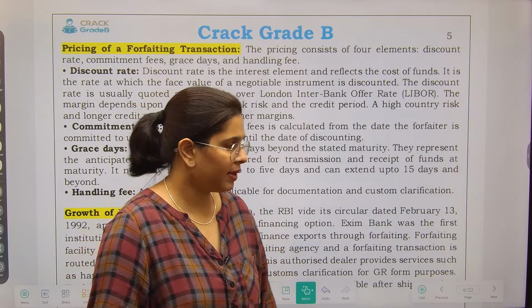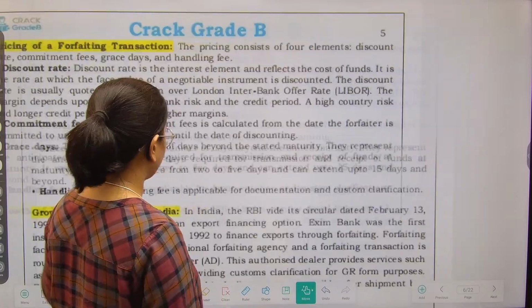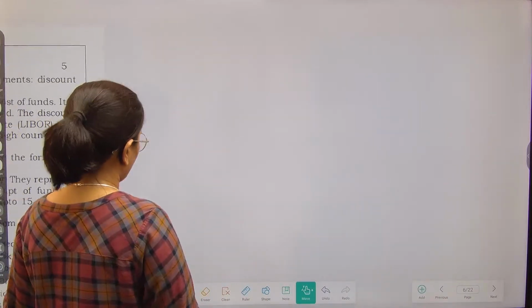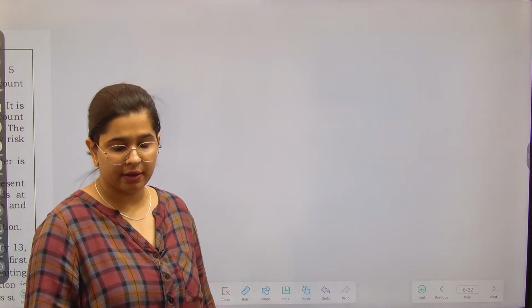Can you guys just tell me what is the full form of NABARD? So for the context, for those who are not aware, someone asked me that we are going to do a transition from LIBOR to other rates, right? We are going to transfer to other interest rates, not exchange rates, but interest rates.